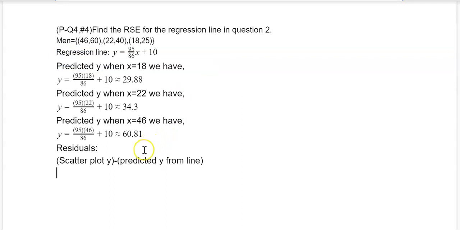Okay, for the first residual, the scatterplot y for 46 is 60, so it's going to be 60 minus the predicted y value with 46, which is 60.81.